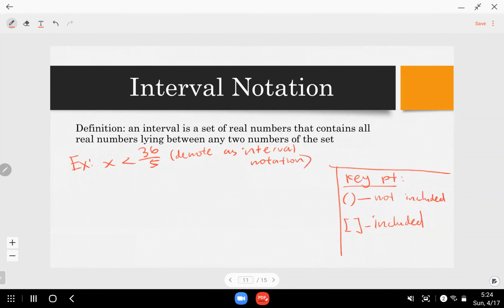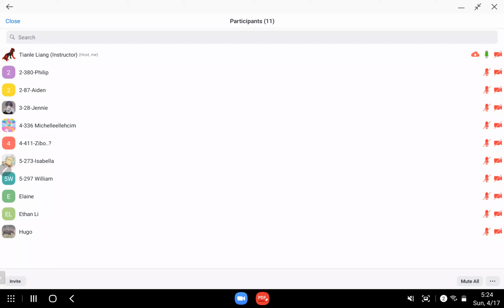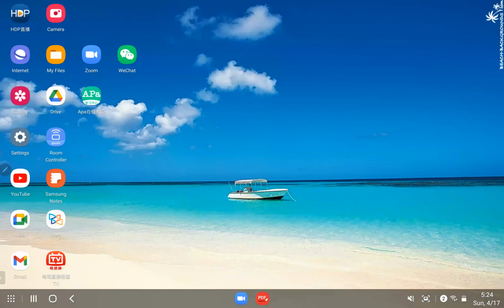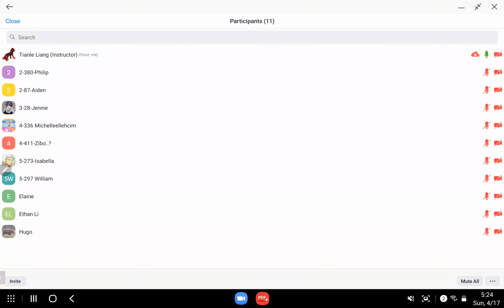So how do we denote this as interval notation? Can anybody help me with this? Jenny, can you help me with this? Do you know how to denote this in interval notation? X is less than 36 over 5. Does anybody know?